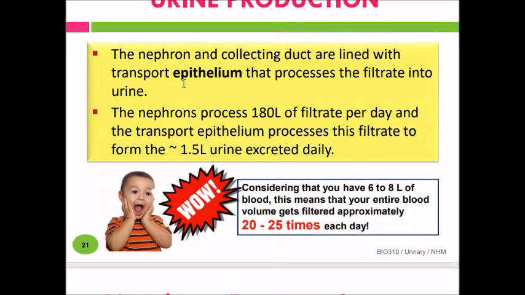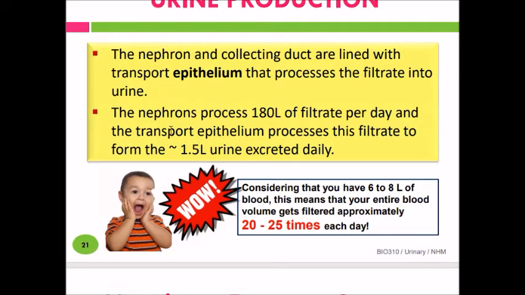Now we're going to look at urine production, where the nephron and the collecting ducts are lined with transport epithelium that will process the filtrate into urine. Our nephrons can process up to 180 liters of filtrate per day. That is quite a lot.